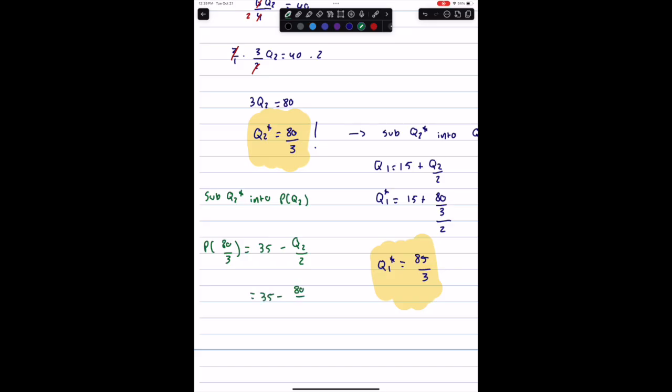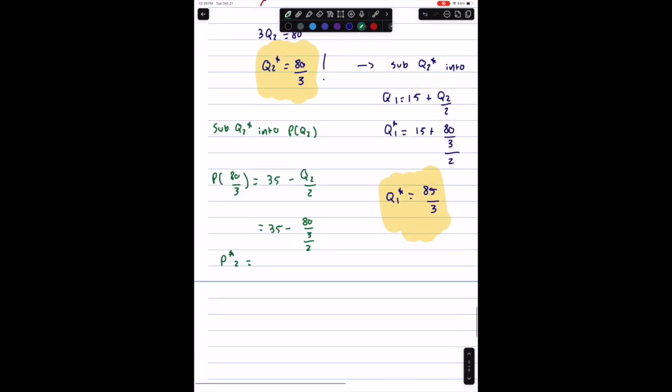It's going to be 35 minus 80 over 3 over 2. Hold on, one second. P star 2 is going to be equal to 65 over 3, right?